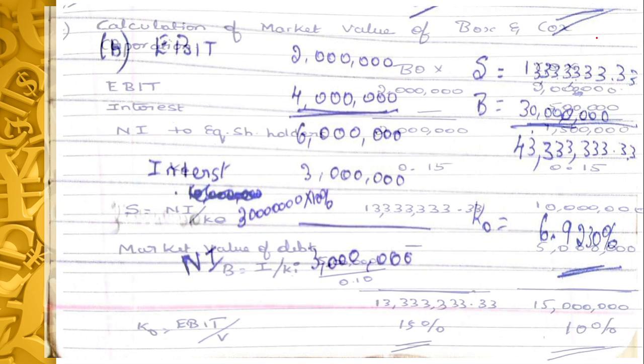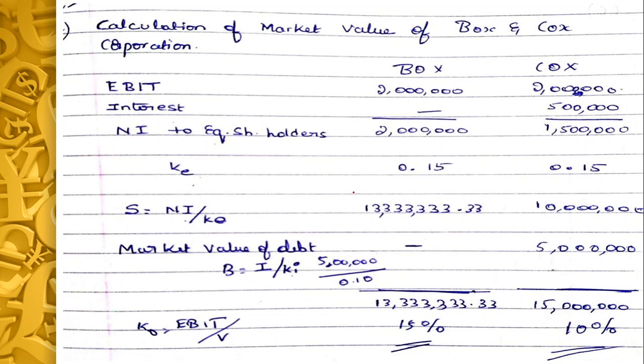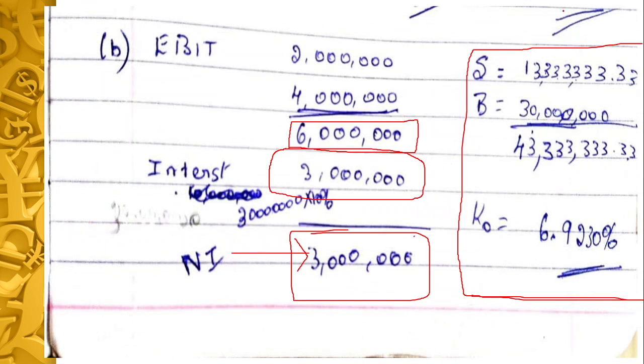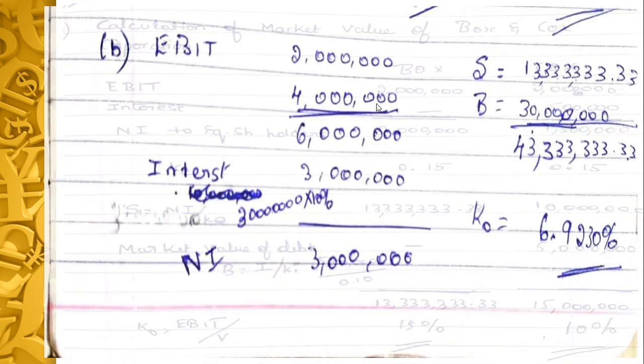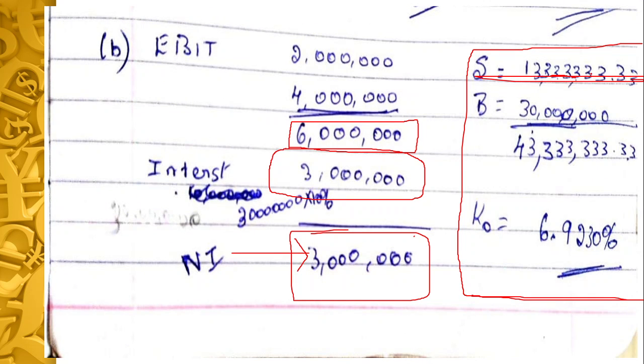It is simple: the value of equity was taken from the Box Corporation problem we solved earlier, which stands at 13 million. But because we have considered the EBIT, the net income has changed. It is now 3 million. Earlier it was 2 million.